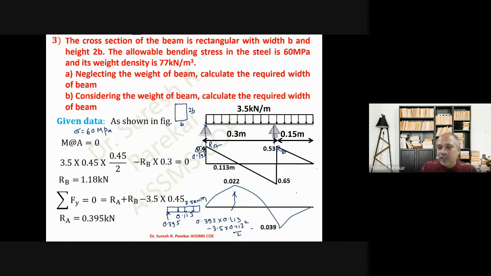And this value we will get directly. We will consider this as 0.15, and we have this UDL 3.5 kilonewton per meter, and then you will get directly 3.5 into 0.15 square by 2, and you will get this value, that is 0.039.